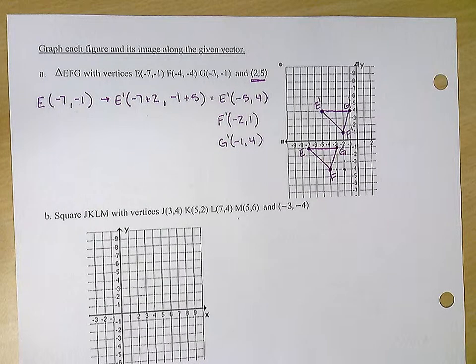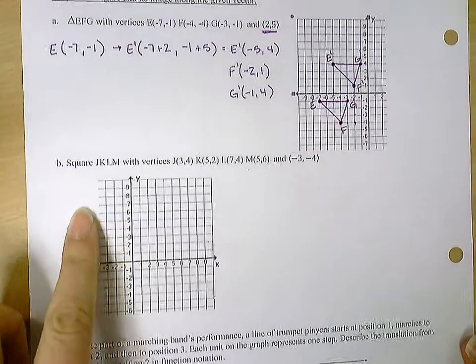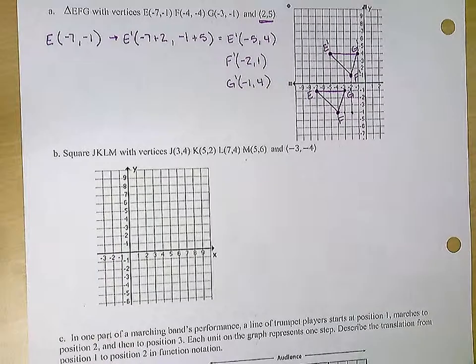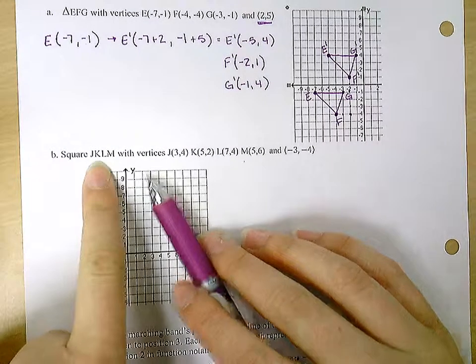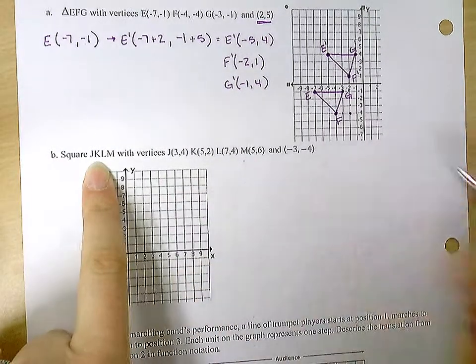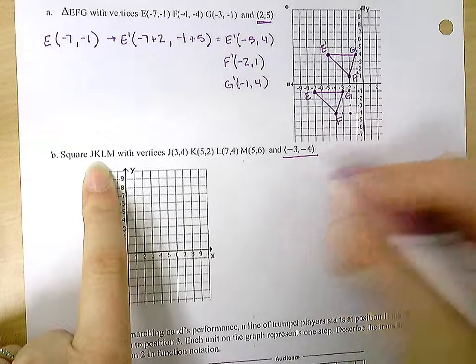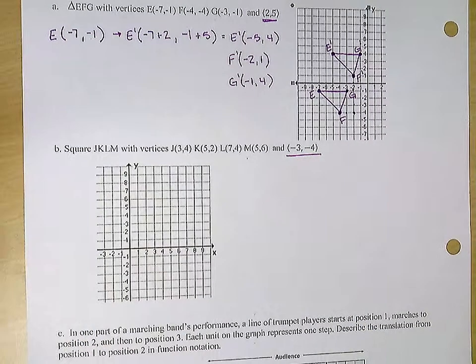Okay, questions? All right, then do letter B. So letter B, you have this square with your given vertices along this vector at the end here.